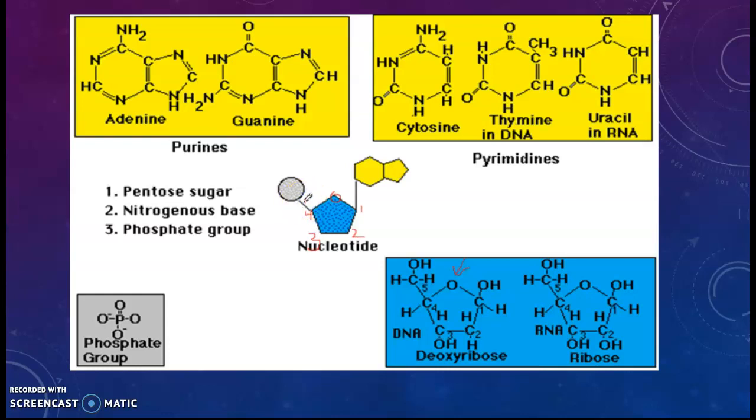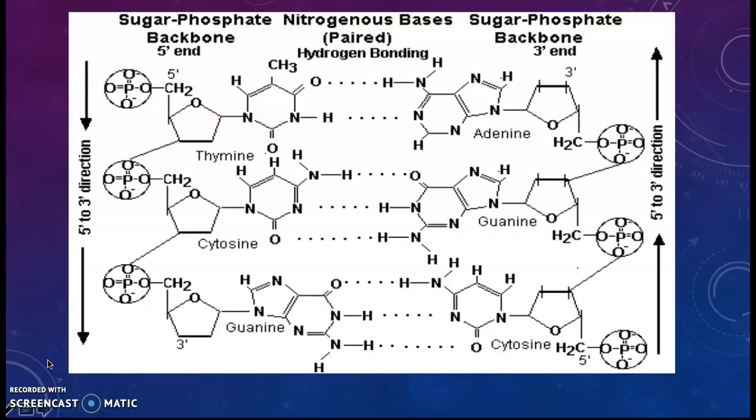You can't really see it on this molecule that I'm drawing on right now, but if we were to look down here, we can see that this one right here is carbon 5. Carbon 3 down here and carbon 5 up here are the two most important carbons in this molecule.